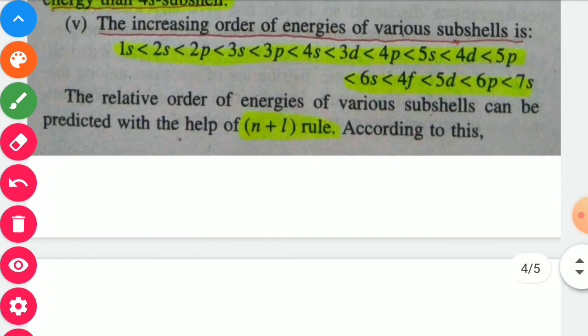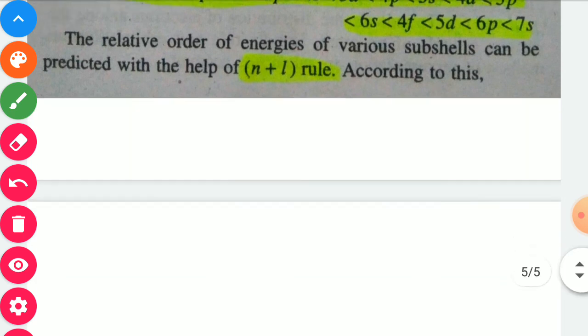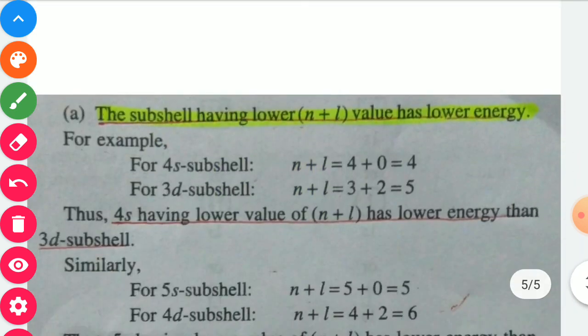Again, listen. According to the n plus l rule, the first point is that the subshell having lower n plus l value has lower energy. For example, here 4s and 3d. For 4s, n value is 4 and l value is 0, so 4 plus 0 is equal to 4.